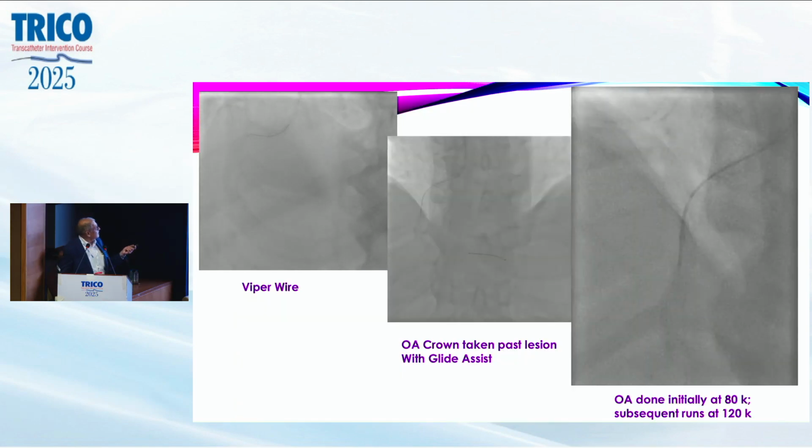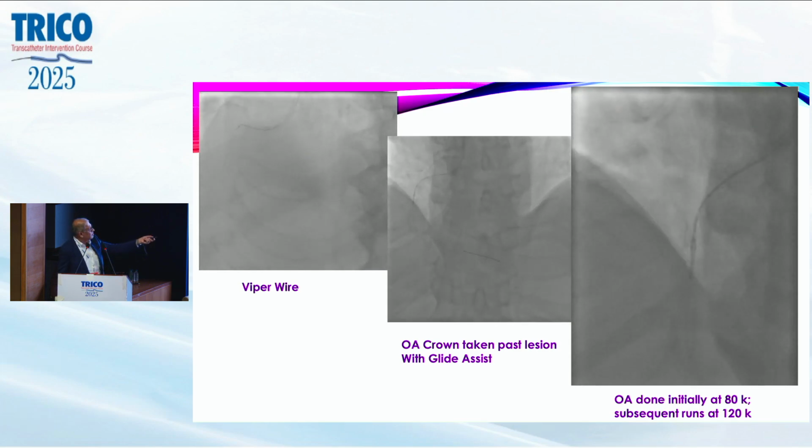I had a wire down for the OCT. Now that I know the morphology, and Viper being a very friendly wire, I didn't exchange it over a microcatheter. I just parallel wired it across the lesion. It's a very friendly wire. And then once I did, of course, the orbital was very easy.